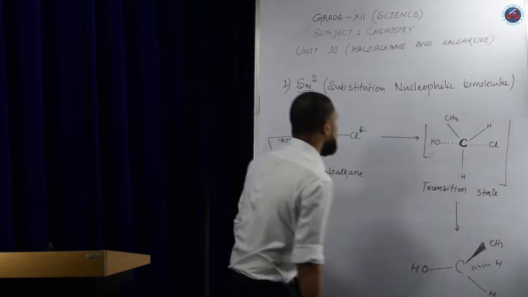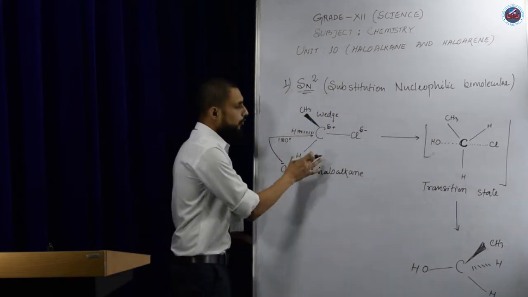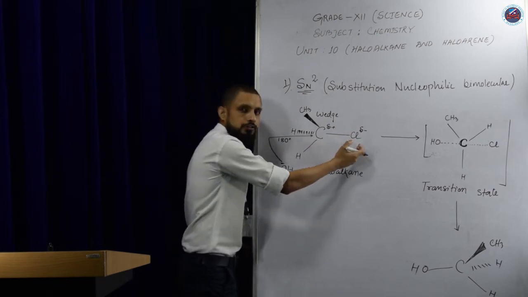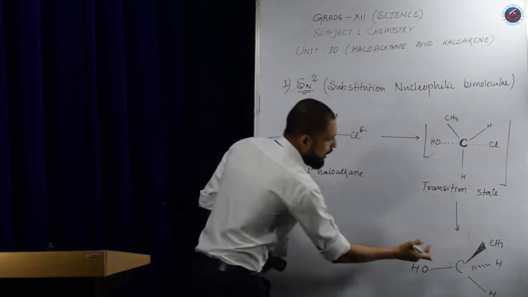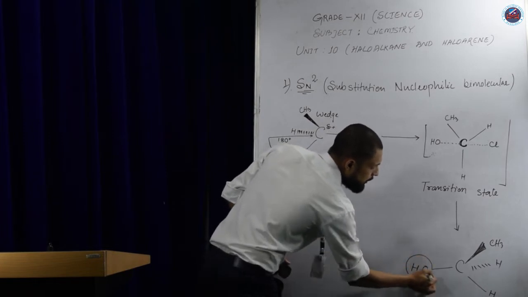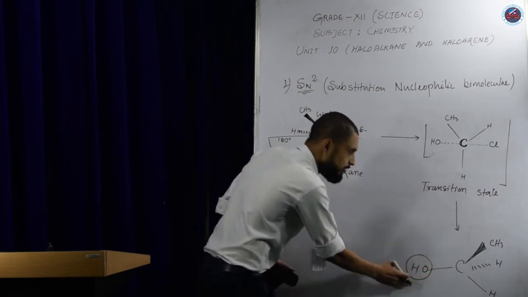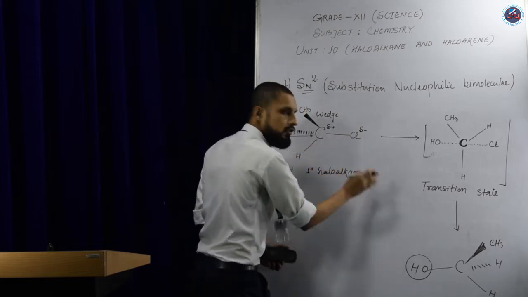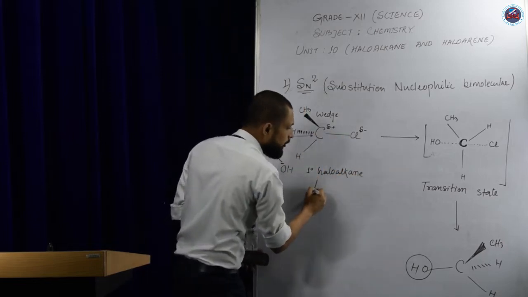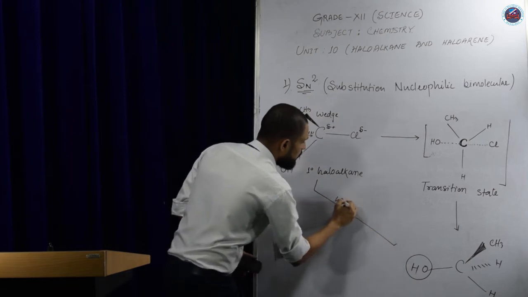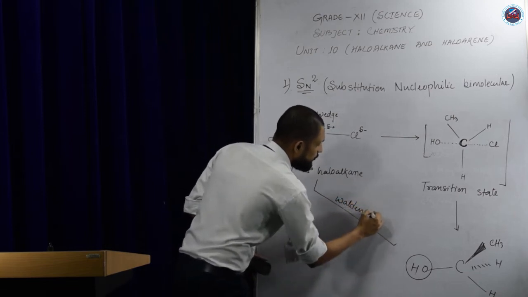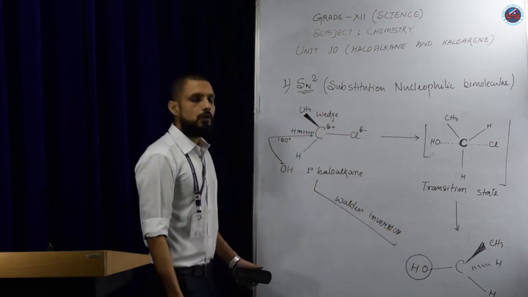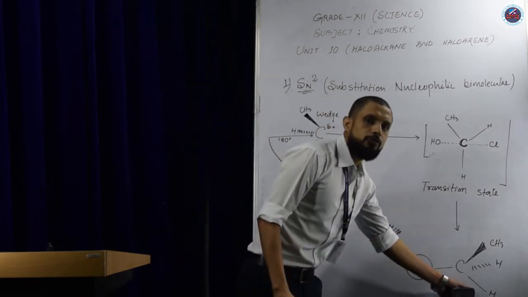Now you can see the difference. In the reactant, the nucleophile is on the right hand side, whereas in the product, the nucleophile is on the left hand side. So there is an inversion in the position of nucleophile. This inversion is known as Walden inversion. So in Sn2 mechanism, we get an inverted product.